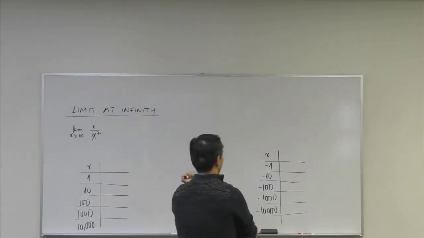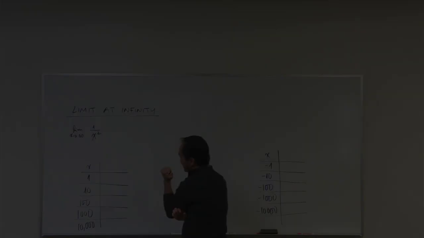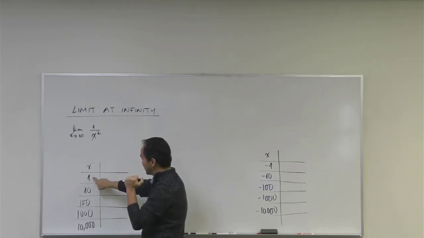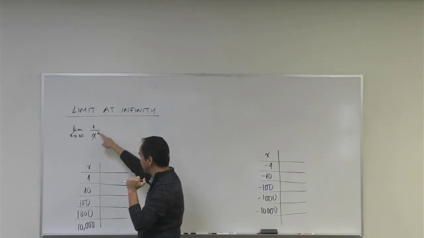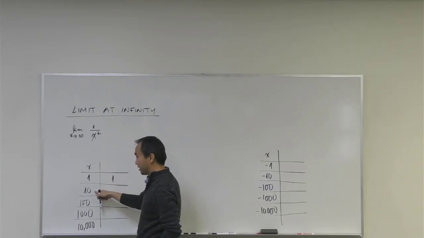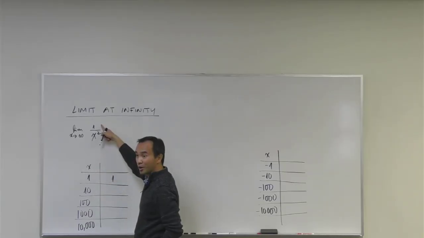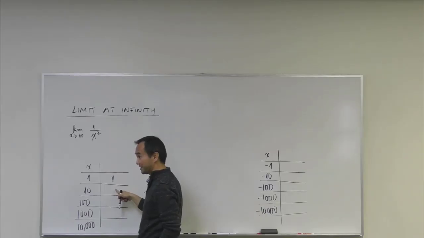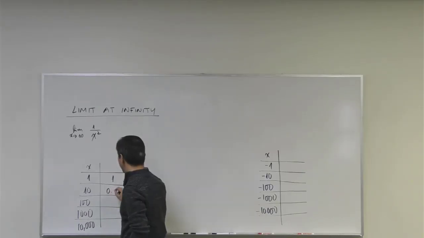So our function now is 1 over x squared. Right? So the first value at start here is easy, right? x equals 1. When substituted into your function, it's going to give me simply just 1. Sounds good. But when x equals 10, now be careful. Your function here is 1 over x squared. So that means it's really 1 over 100 in the denominator, right? So that's going to make it 0.01.